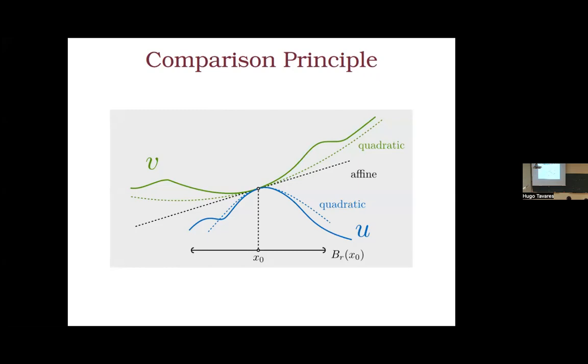If you have two functions, U and V, that touch such that their graphs touch each other at a given point, you know two things. The first derivative test tells you that their gradients are the same, so their affine approximations are the same. And the second derivative test tells you that their Hessians are ordered. In which sense? Well, the quadratic forms that they define are ordered, no?